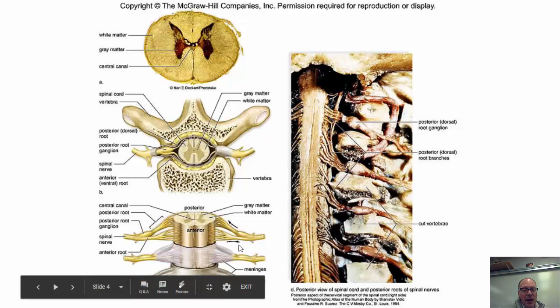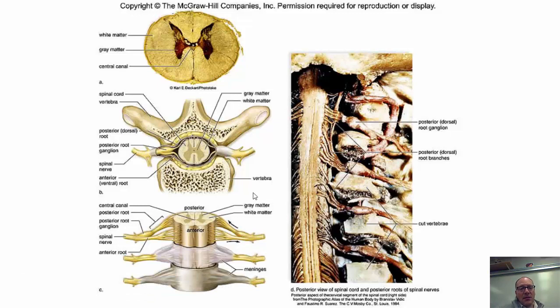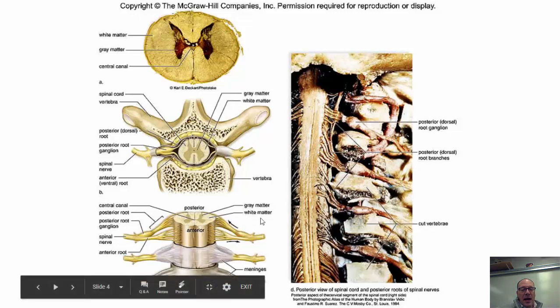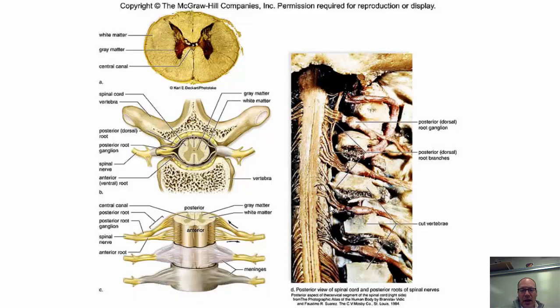And this arrow is pointing out, or away from, the spinal cord. That should give you an idea of the direction of the sensory signaling as well as the motor signaling. The sensory signaling pathway is back into the posterior of the spinal cord, and the motor signaling is out the anterior.